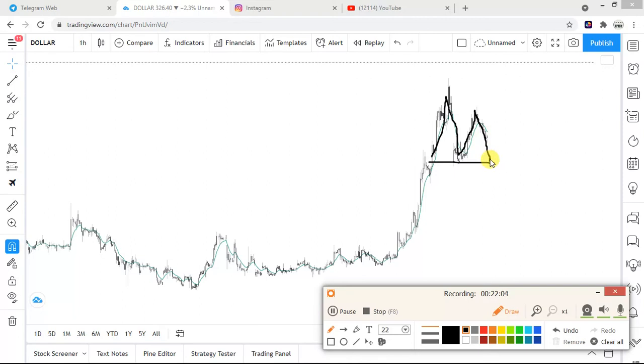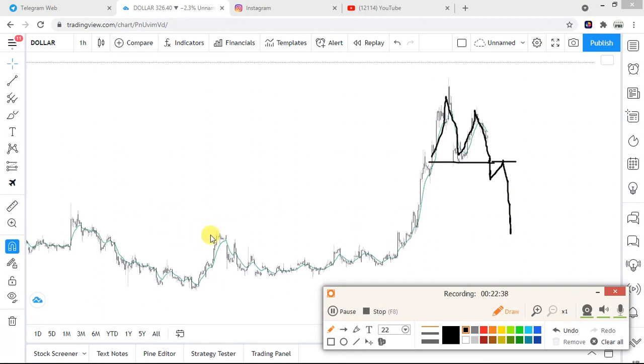Now for the retest, instead of going upward here, the market will go here, and if it reaches some point here, this is our neckline, the market turns back to the neckline and makes a bearish flag here. Then the market will continue with its move until this point here.